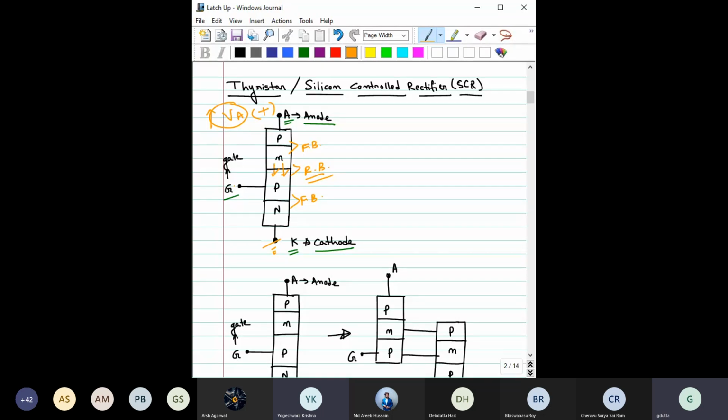That means you have lots of carriers here, right? And once the multiplication has started, it keeps on going, like the iceberg, on top of these hills.